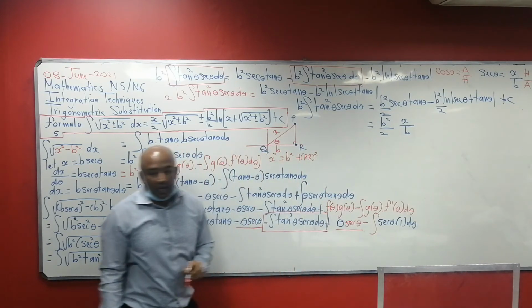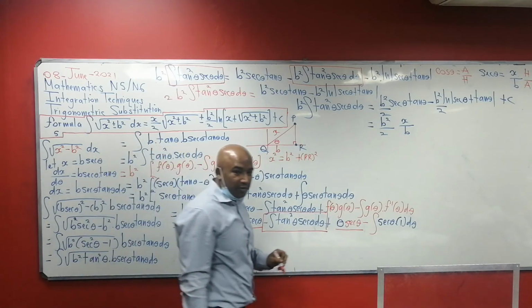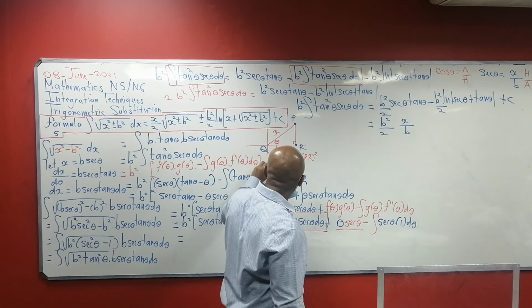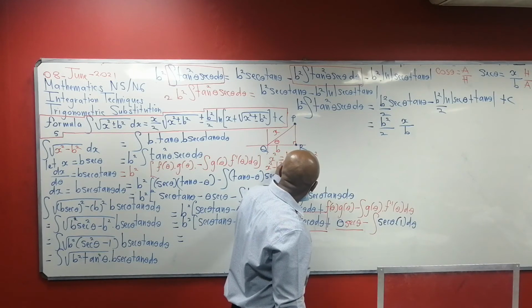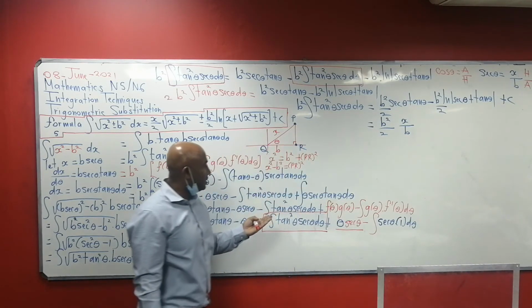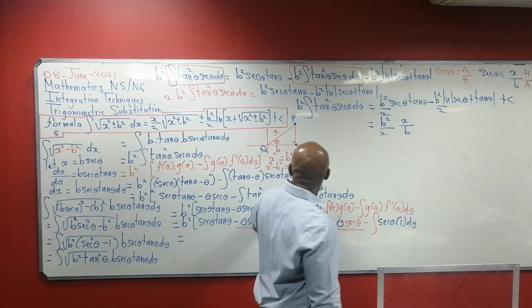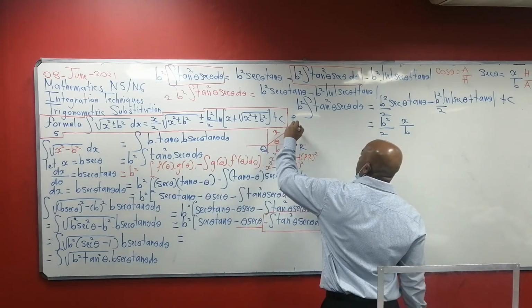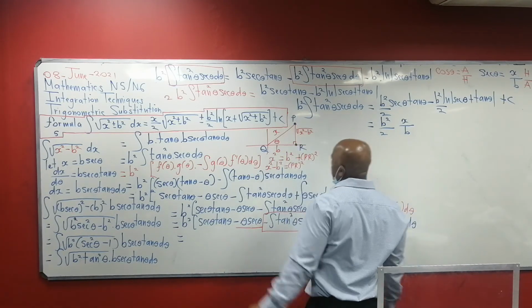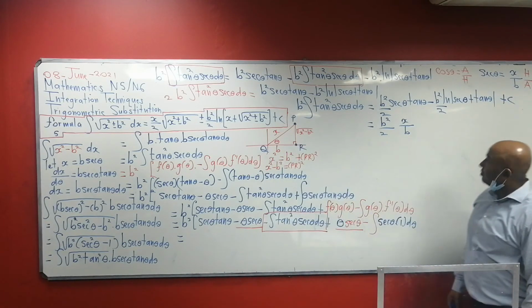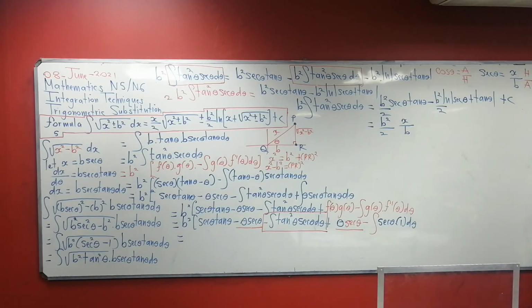Now I need to make PR the subject of the formula. So x squared minus b squared is equal to PR squared. So what is PR? PR will be the square root of x squared minus b squared. Alright, I got that sorted out.